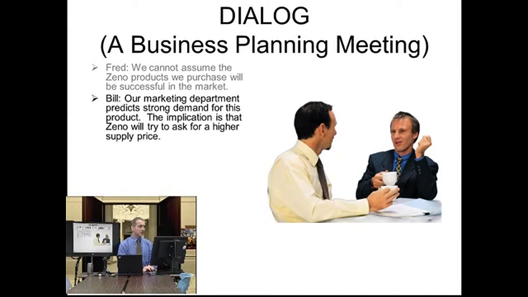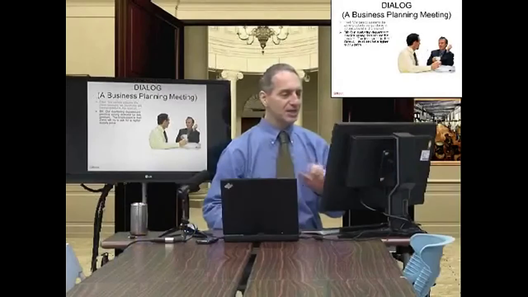Bill says, our marketing department predicts strong demand for this product. The implication is that Zeno will try to ask for a higher supply price. So here we have Fred and Bill. They're planning for a negotiation. This is before the negotiation, not after, not during. This is before the negotiation, the key point.